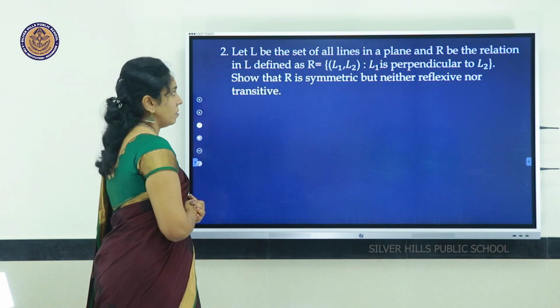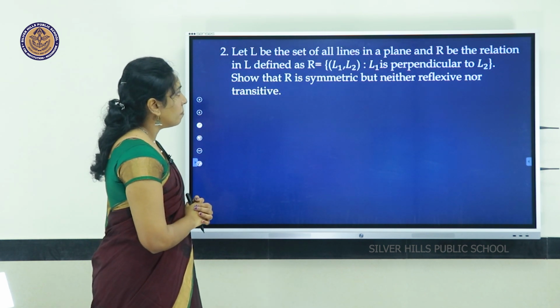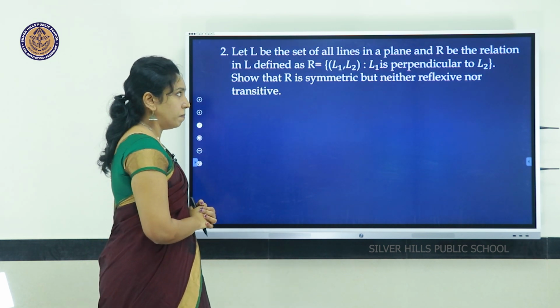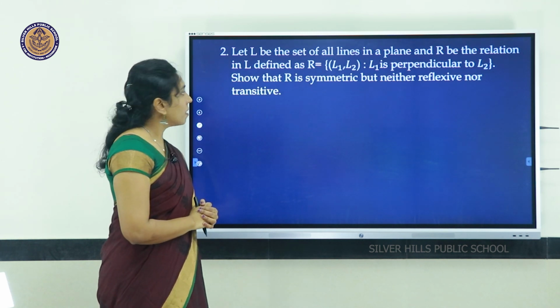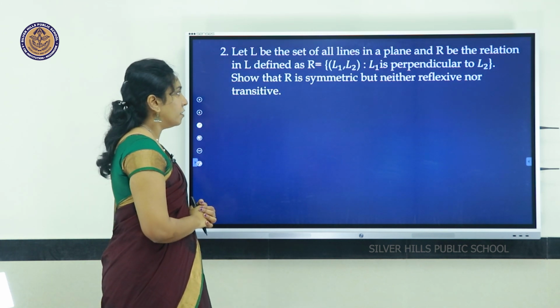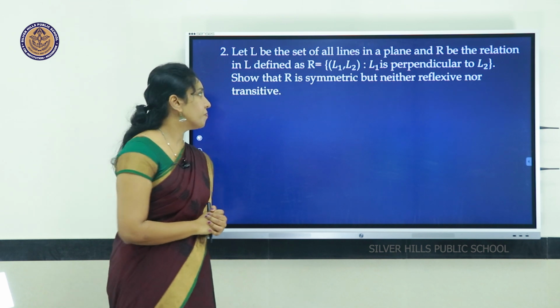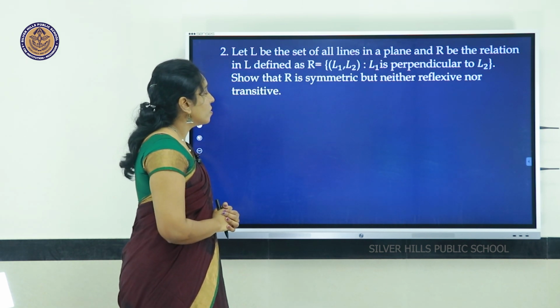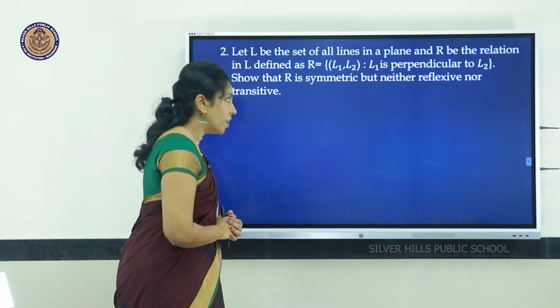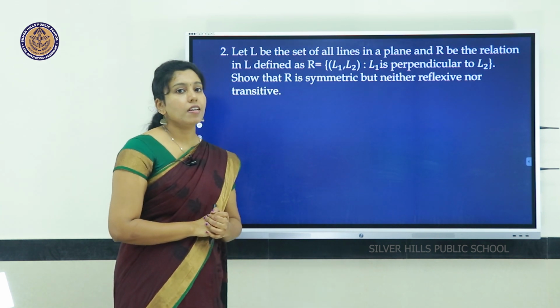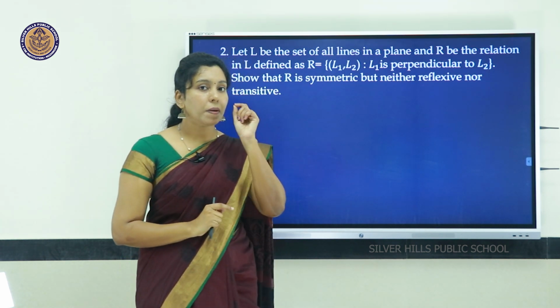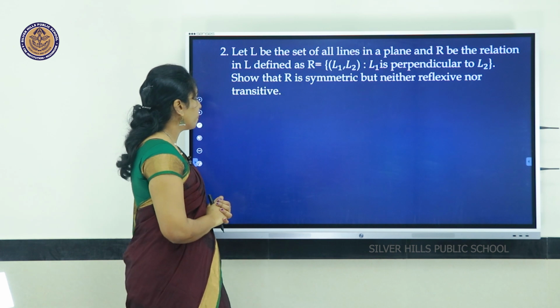Consider the second question. Let L be the set of all lines in a plane and R be the relation in L defined as R is equal to the set of all ordered pairs L1, L2 such that L1 is perpendicular to L2.